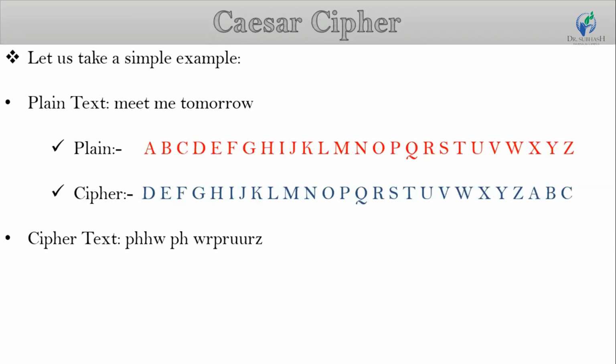Now I explain the process of encryption and decryption in Caesar cipher. In order to encrypt a plain text letter, the sender positions the sliding rule base at the first set of plain text letters and slides it to the left by the number of positions of the secret shift.